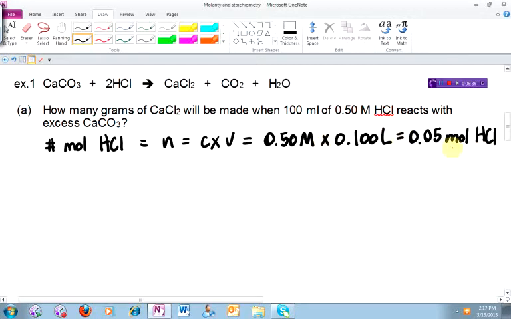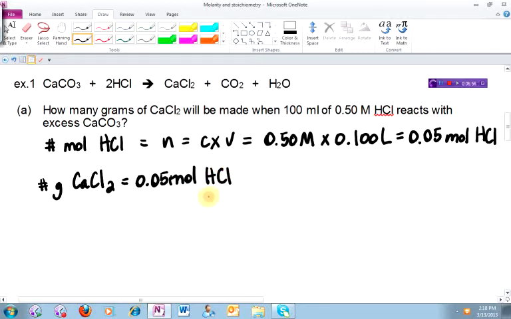So we want to go from moles of HCl to grams of calcium chloride. So we're going to set up our calculation. We want to go to grams of calcium chloride, and we're starting with moles of HCl.